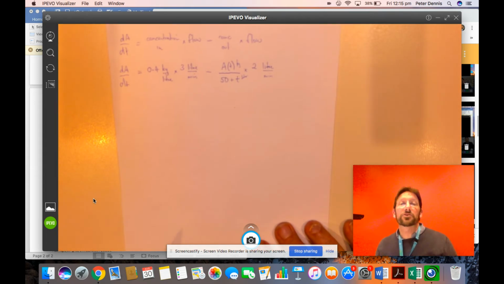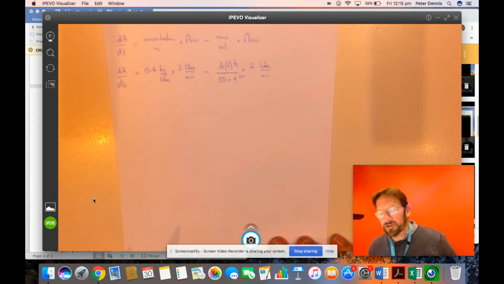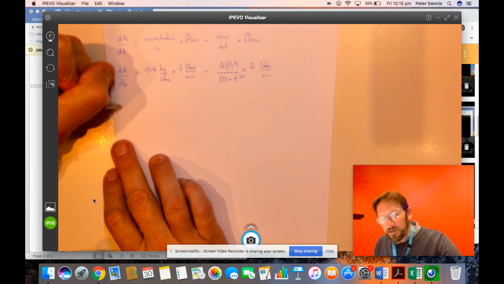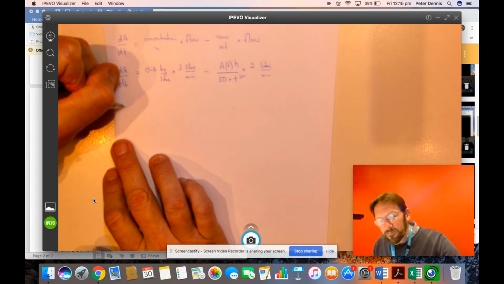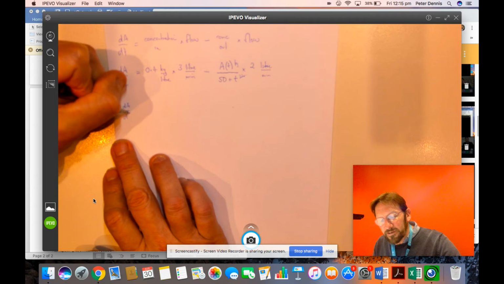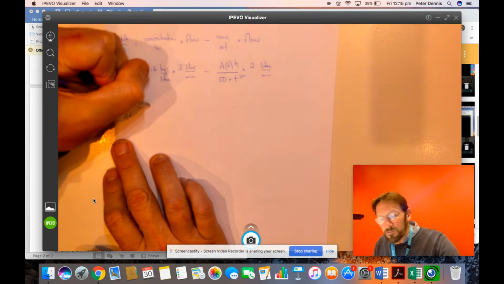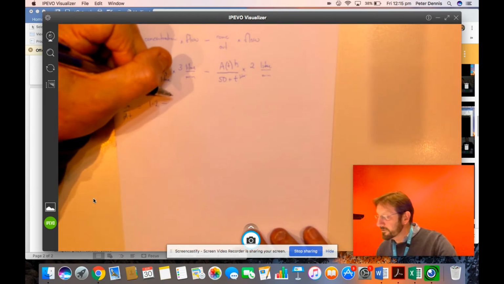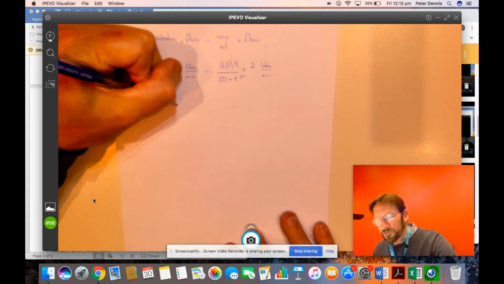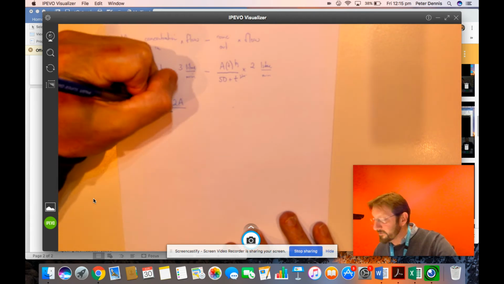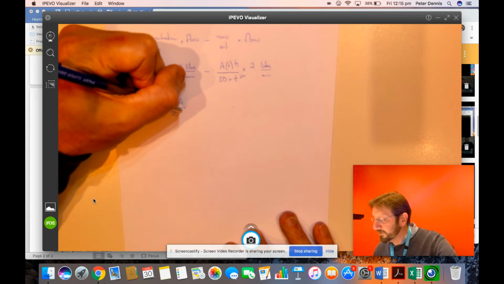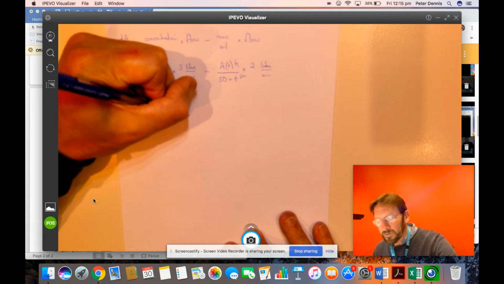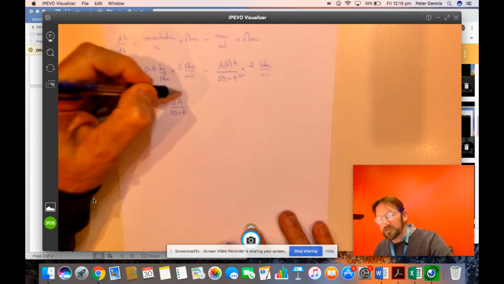It's always a nice check if the units are matching up. So what we've got here is that dA/dt equals 1.2 minus 2A over 50 plus t. So that's our equation.